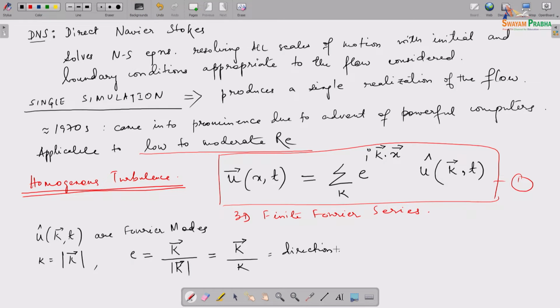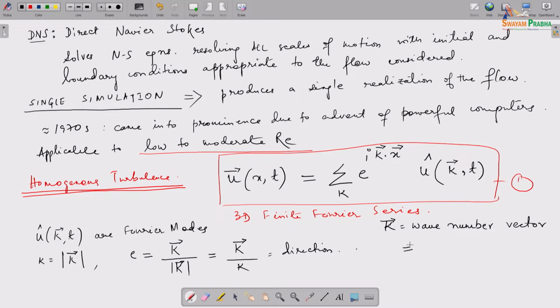What is k then? What the hell is k? It is the wave number vector.